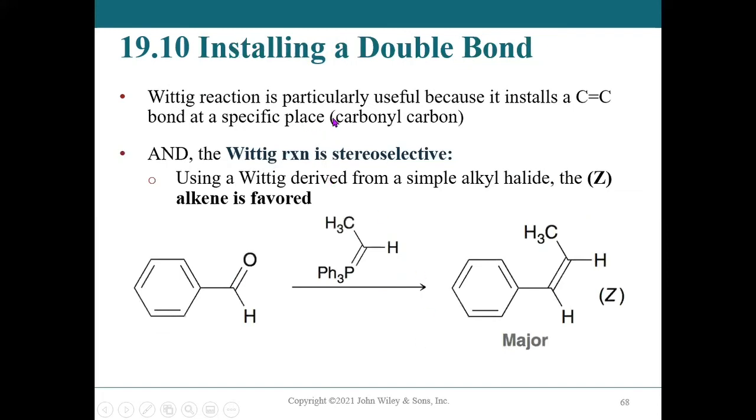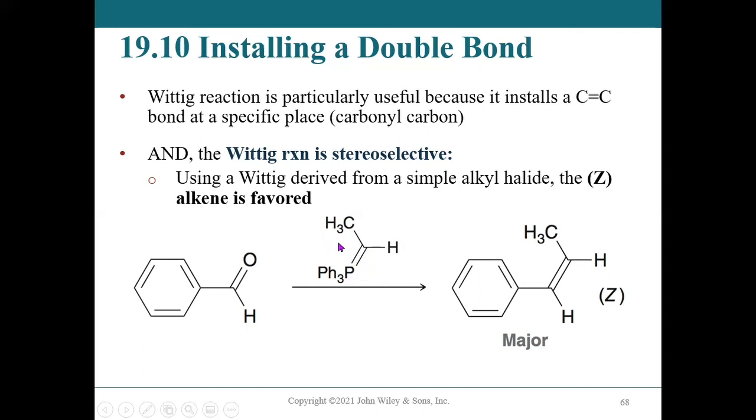The Wittig reaction is particularly useful because it installs a C=C double bond at a specific place, the carbonyl carbon. And the Wittig reaction is stereoselective. Using a Wittig reagent derived from a simple alkyl halide, the Z alkene is favored. Here we have this carbonyl, and we'll install 2 more carbons.